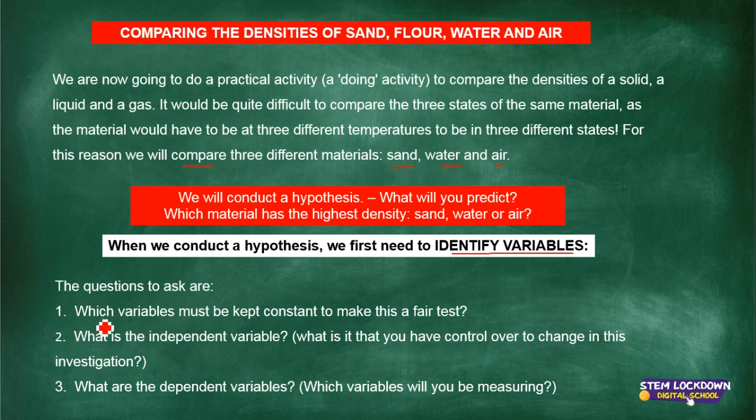You're going to ask, which variables must be kept constant to make the test fair? In every hypothesis, we need to have a constant variable to make sure that the test is fair. If we don't have a constant variable, the test is not going to be fair.